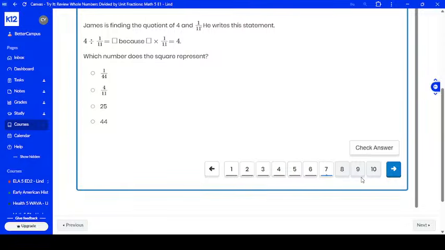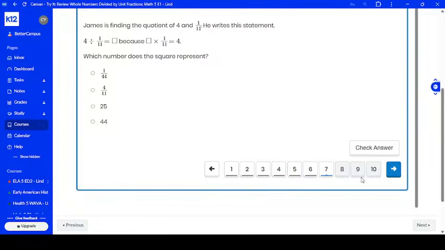Correctamundo. James is finding the quotient of 4 and 1/11. He writes this statement. 4 divided by 1/11 equals blank because blank times 1/11 equals 4. Which number does the square represent? Is it A, 1/44, B, 4/11, C, 25, or D, 44?